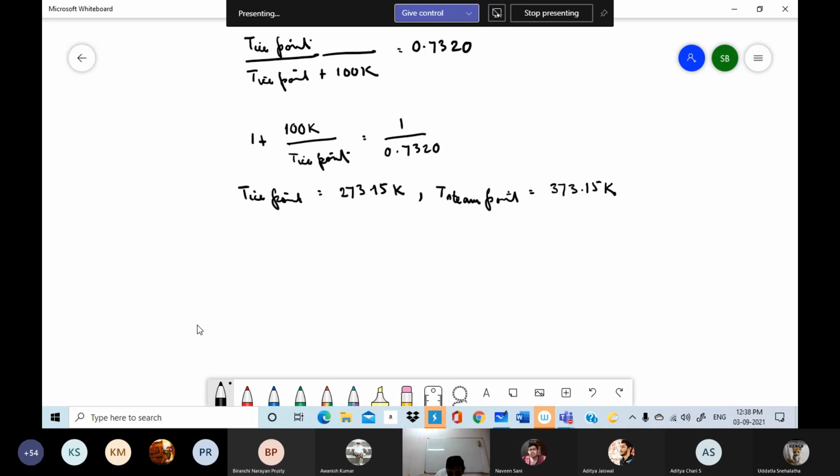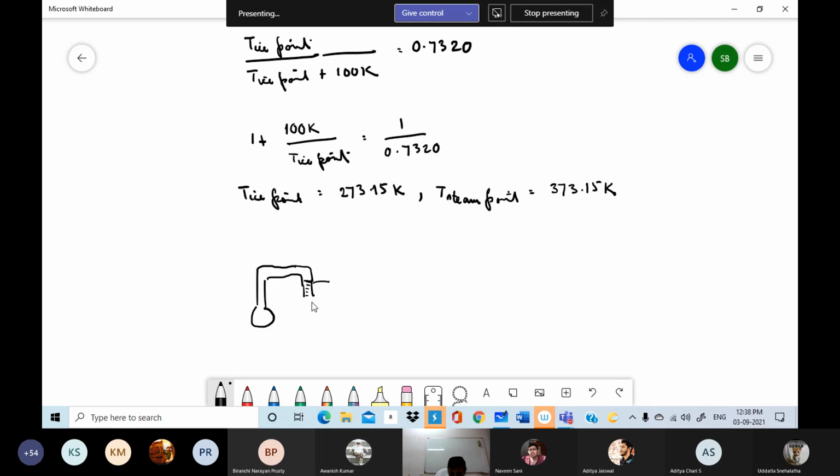So say I have a bulb, and I allow the mercury column to come up to a certain mark, so the volume remains constant.